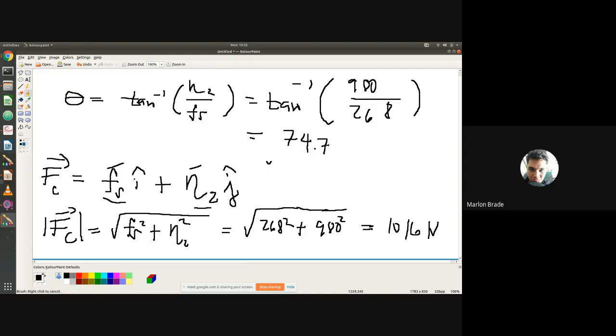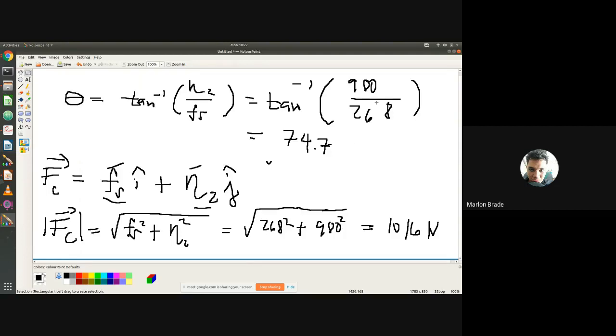The direction is along which? East of north, north of east, south of west?